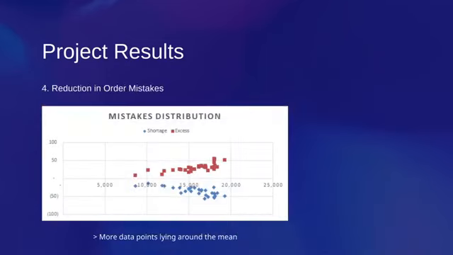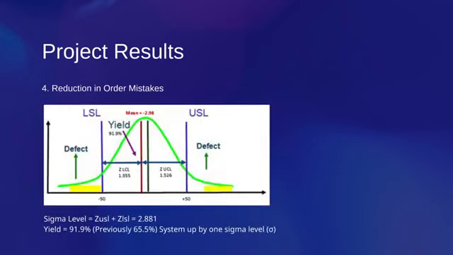In terms of order mistakes, of course, we can see the mistakes distribution graph. We can see the data points are coming closer to the mean. Even the mean itself has improved to be around minus 2.98, and the yield of the process, calculated after summing up the Z scores, is around 2.881, which is around 3 sigma level.